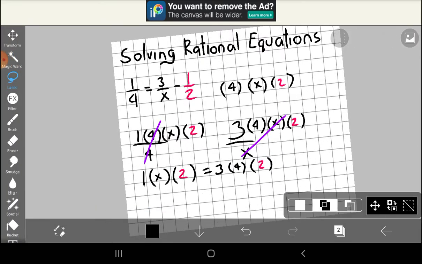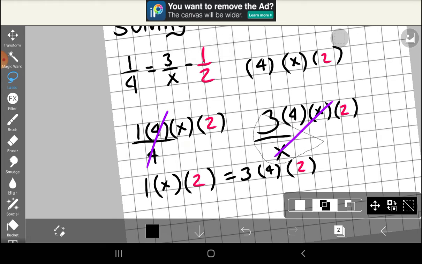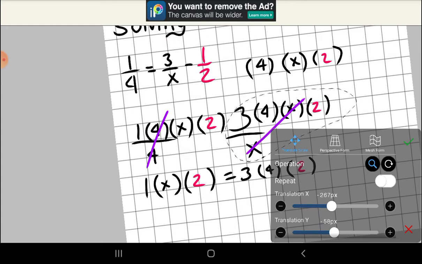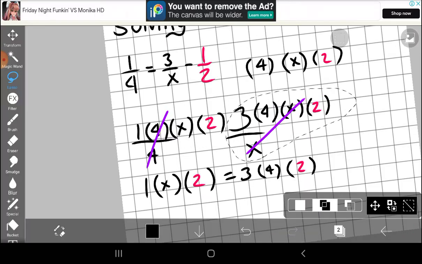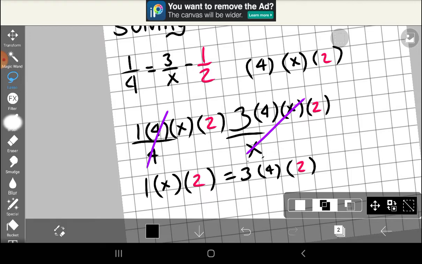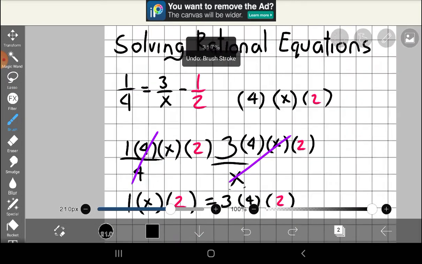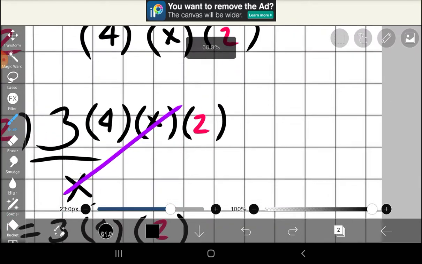So let's rearrange it. Now we'll do negative 1/2.